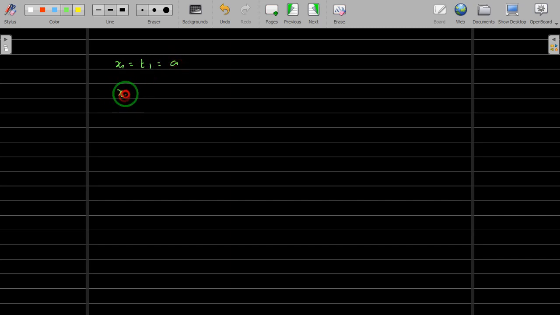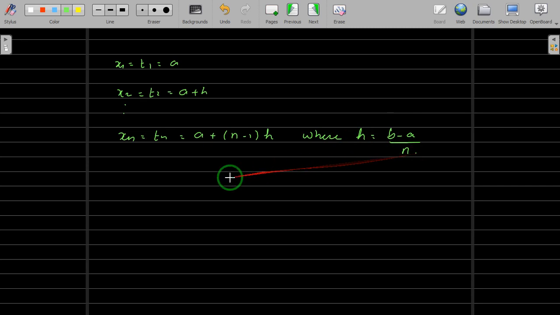Then x2 is equal to t2, and to a you are adding h, and we have already stated that h is nothing but (b minus a) upon n. Likewise, xn will be equal to tn, and that is a plus, since x2 is a plus h and x3 will be a plus 2h, so adding that distance n minus 1 times, which will be equal to b, where h is equal to (b minus a) upon n.